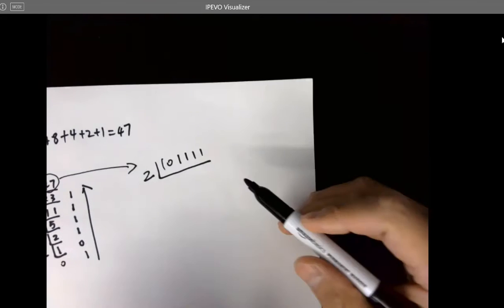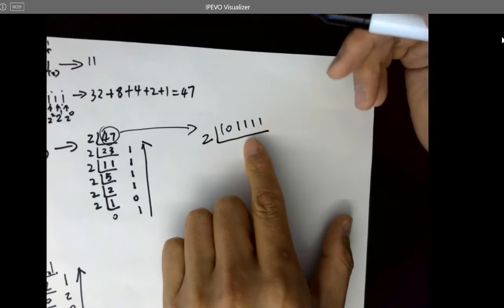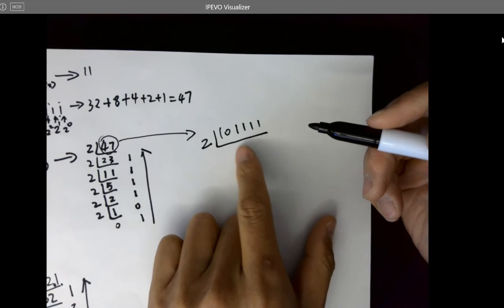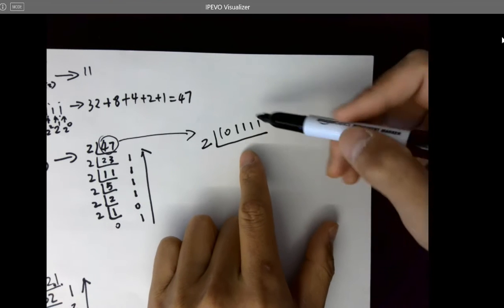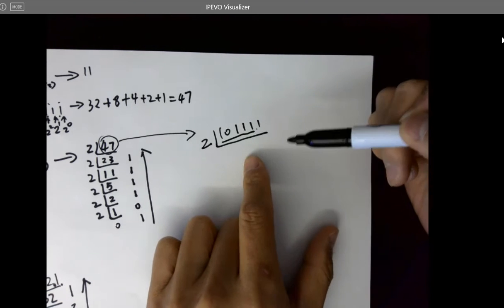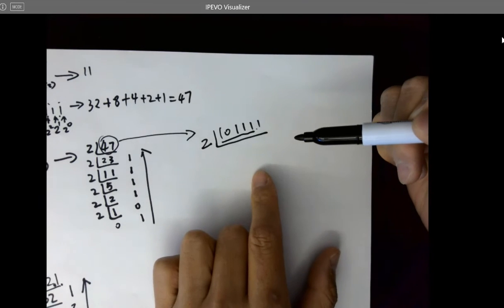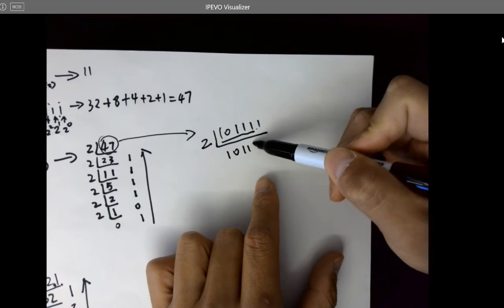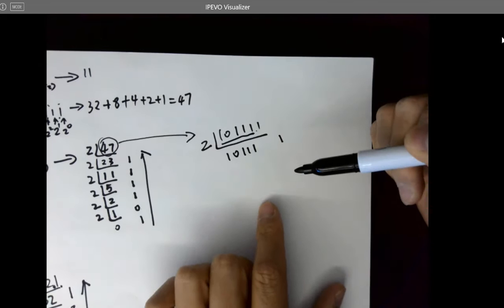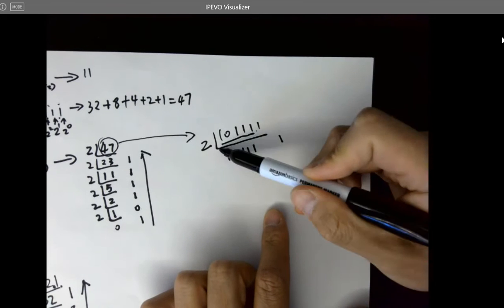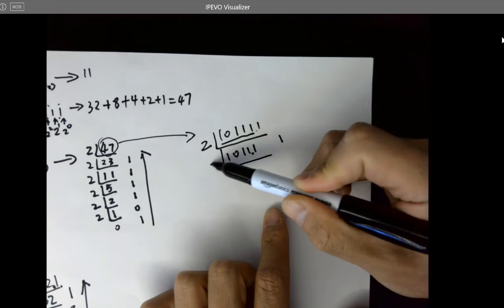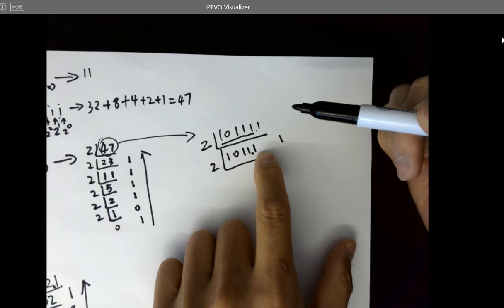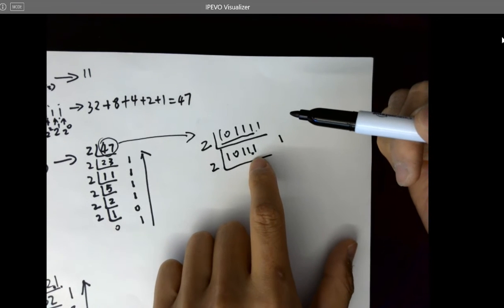So for this number, it's a binary number. I divide by 2, what am I getting? Whatever is here, right? Does that make sense? You divide by 2, you move the binary point to the left by 1 digit.